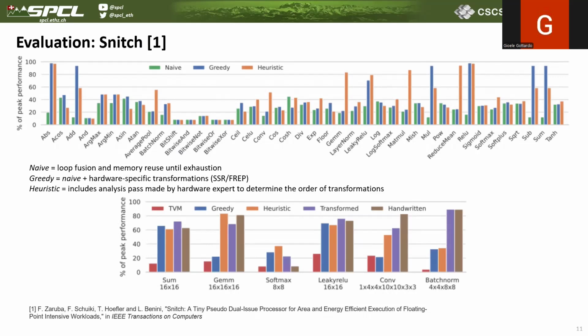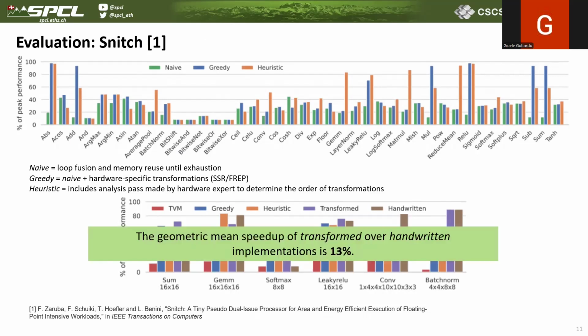And we show that even there, we can beat the handwritten implementations by 13%. And again, here we show only some of the kernels, because at the time of this work, these were the only kernels available for the architecture, but we were able to extend them using the PerfDojo system.